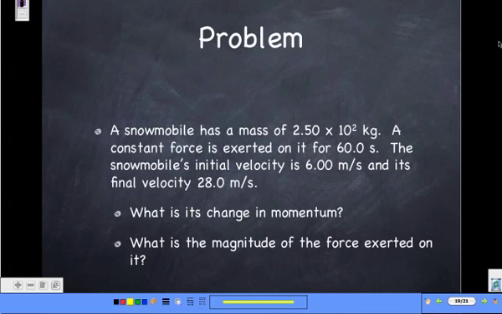What's its change in momentum? Now remember that change in momentum is equal to mass times the change in velocity. So we could take 250. What's our change in speed? 22.